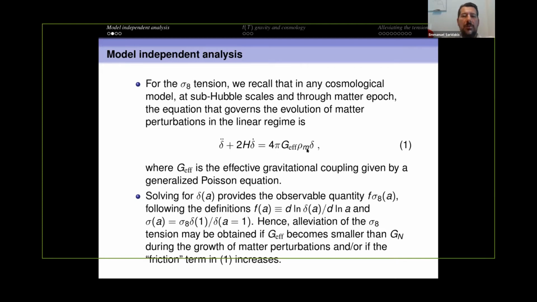Either we assume that gravity is weaker at intermediate scales, so quantitatively this effective Newton's constant should be smaller than the usual GR Newton's constant, or this friction term could play a role in determining the clustering of matter density. So if we have an increased friction term, we are going to have less clustering.